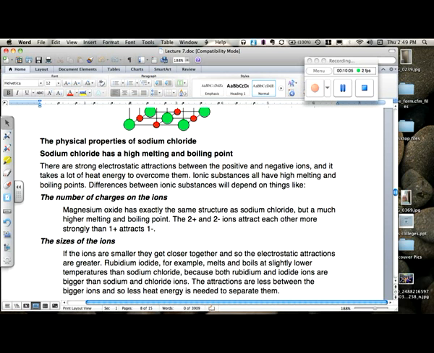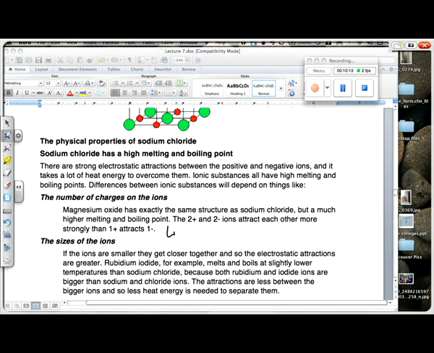How strong the ionic bond is depends on how many charges are on the ions and the sizes of the ions. Okay, so if you have, let's say, lithium fluoride versus calcium oxide. Now this is a +1 -1, and it's fairly small, but this is a +2 -2.